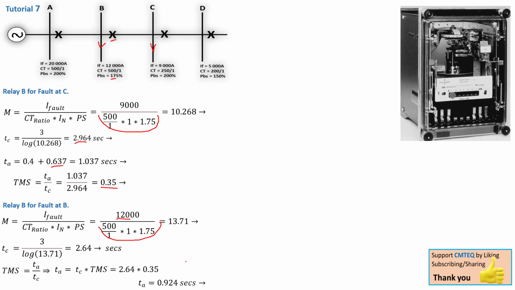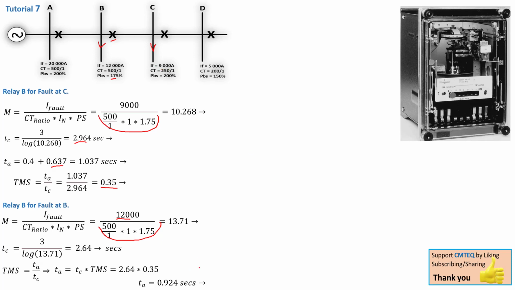As you can see, the same scenario we had on this relay, the actual time between the two was different, because now you can see that the actual time here, based on the grading margin, is higher compared to this one, because the 1 second actual time is protecting this bus bar that got 9000 amps of fault current.